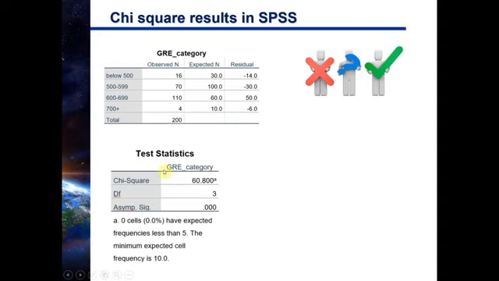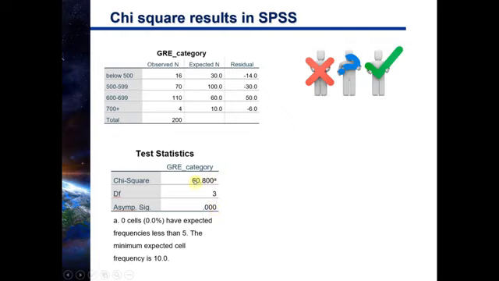So to answer that, we go to this next box. And we look at the value of chi-square, 60.80. Well, that's huge, right? For a test statistic, that's a very, very large number. The degrees of freedom were 3, and no surprise, the sig value is less than 0.05, so it's significant.